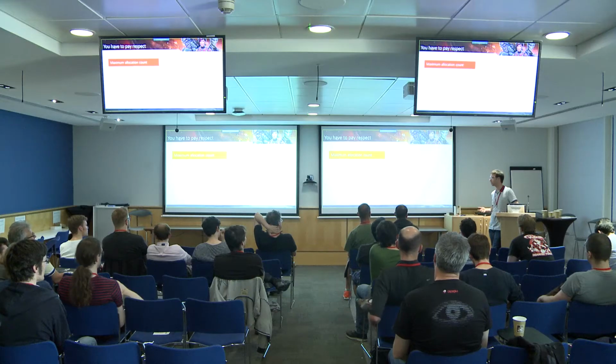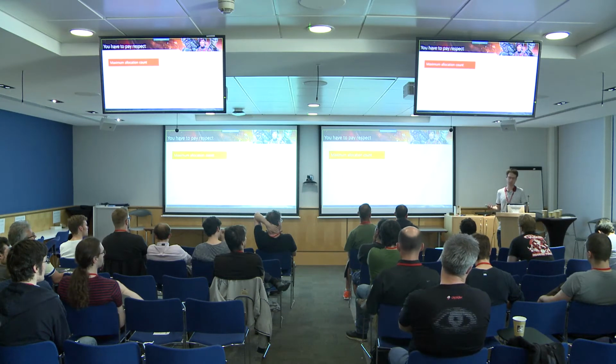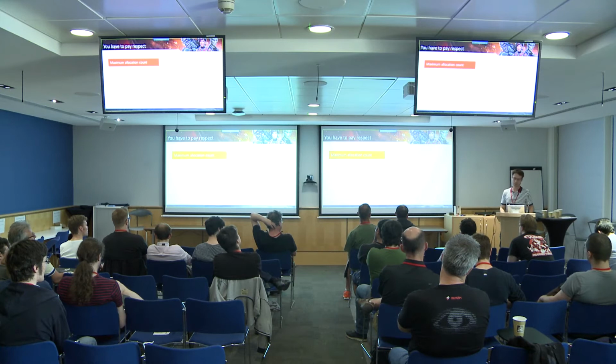And as it turns out, on some mobile GPUs like the Adrenos, you can only do 4,096. With all our shaders and render targets and vertex buffers and index buffers and uniform buffers, we were actually hitting this number of allocations. So we had to redesign how we, for example, create our vertex and index buffers in order to have them in the same allocation and not in separate allocations.